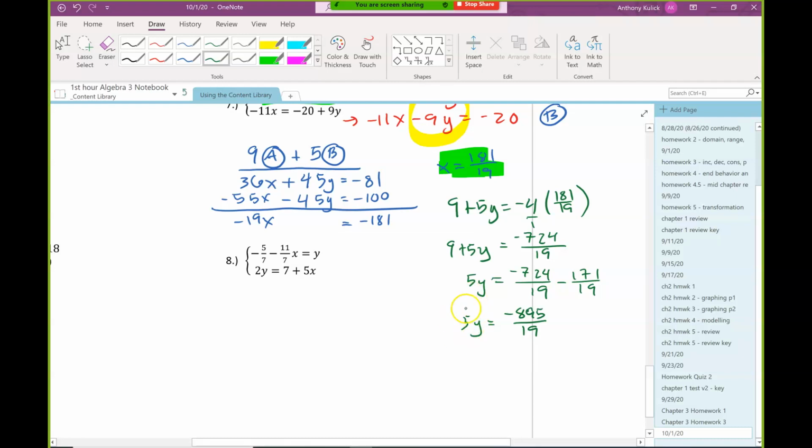And then I'm going to divide by 5, but instead of thinking about that as division, I'm going to think as multiplication by the reciprocal, since the other side is a fraction. It's more natural to think about multiplying two fractions than dividing.